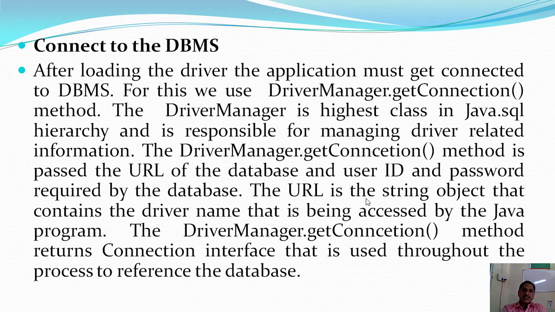The DriverManager.getConnection method is passed the URL of the database and the user ID and password required by the database. The URL is a string object that contains the driver name that is being accessed by the Java program. The DriverManager.getConnection method returns a Connection interface that is used throughout the process to reference the database. This is called connecting to the database.